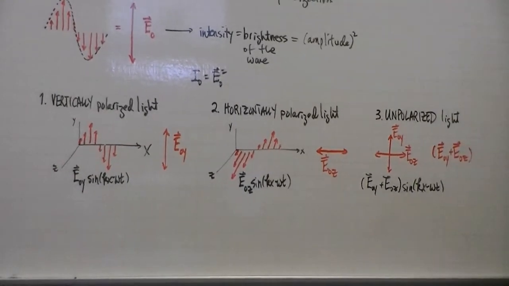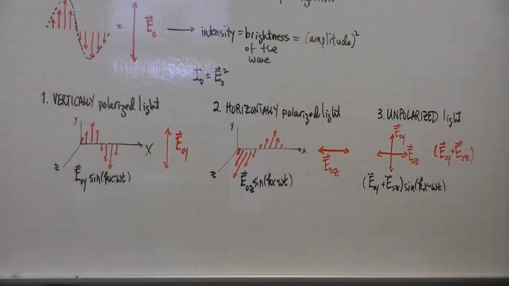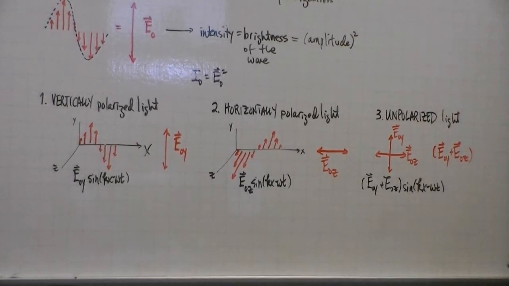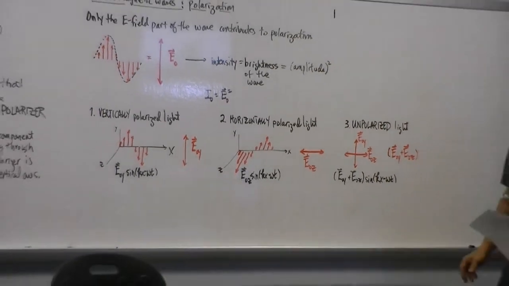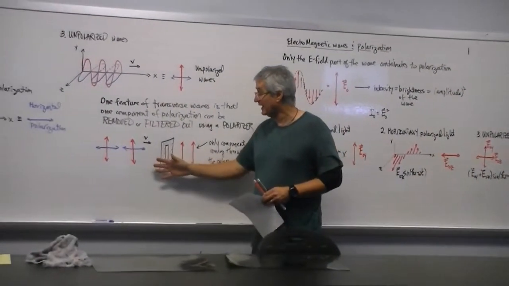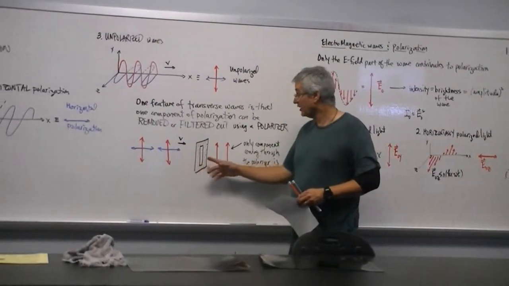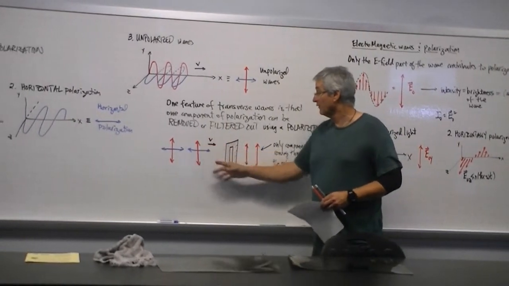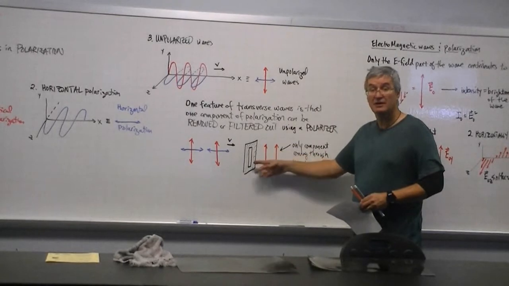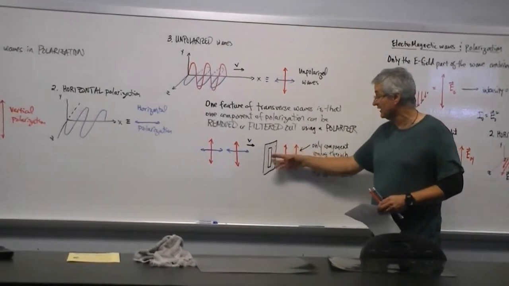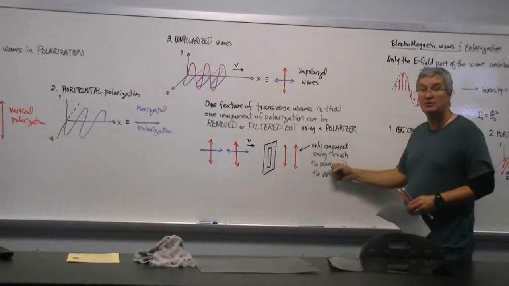Now I want to deal with misconceptions about polarization. What we just saw was a video where a string goes through a polarizer or a filter, and the vertical component, the one that's parallel to the slit, is the one that gets through.